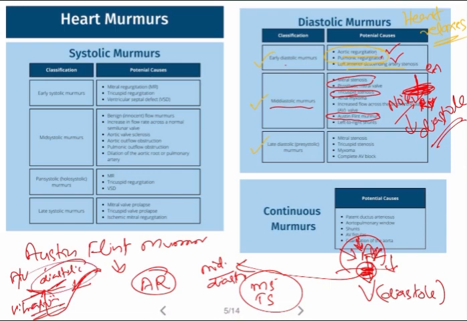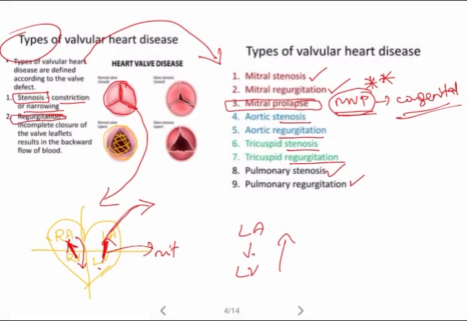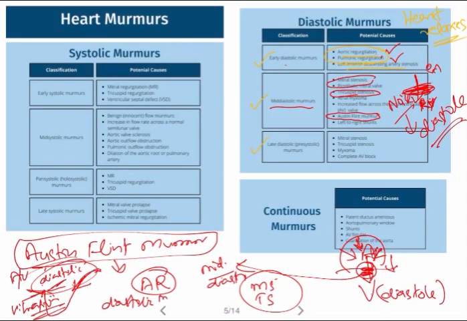This is called Austin-Flint murmur. The atria contract in diastole as the blood comes, causing vibration of the mitral leaflets, as well as the backward flow of AR. So during diastole there is passive filling of blood from above, and AR causing blood to flow back, and that causes a vibration, causing the Austin-Flint murmur.